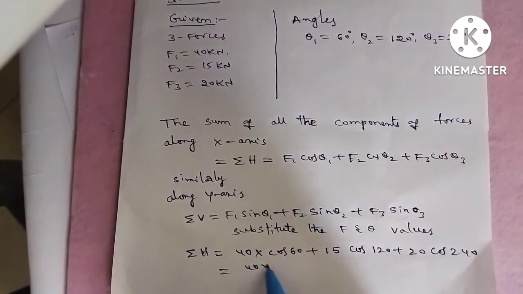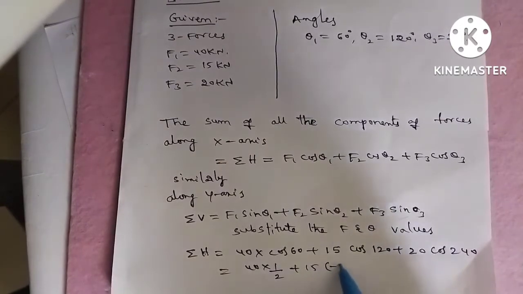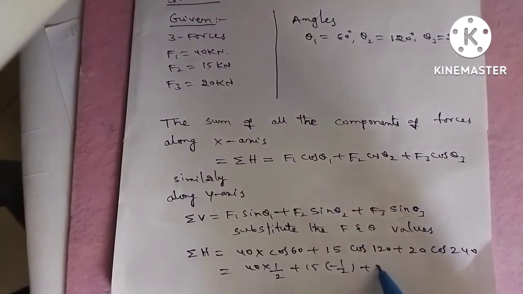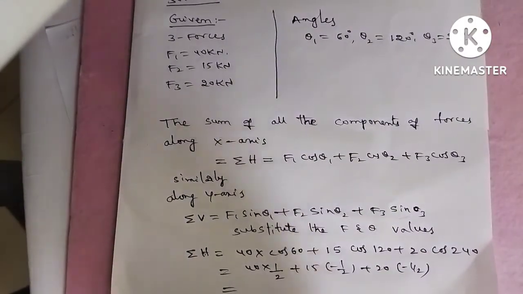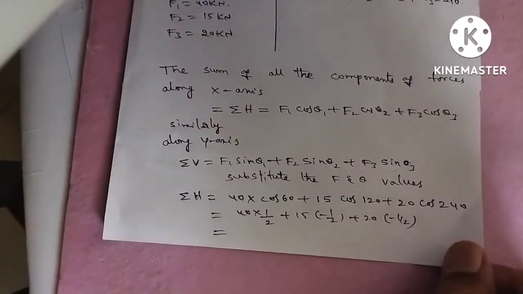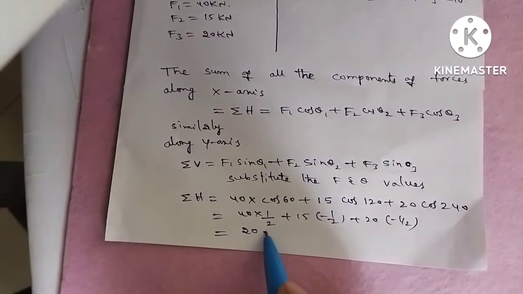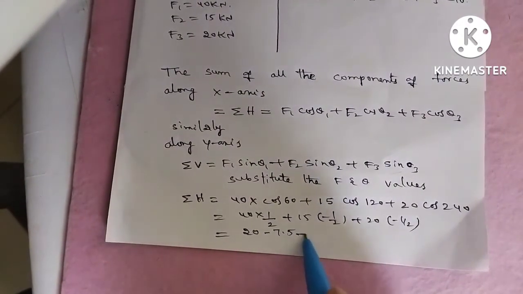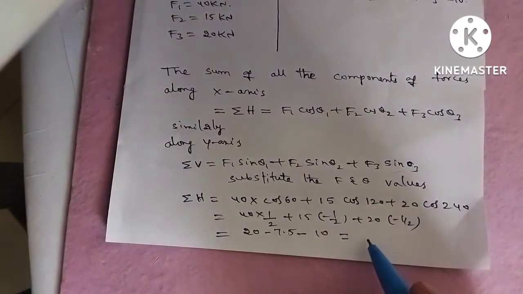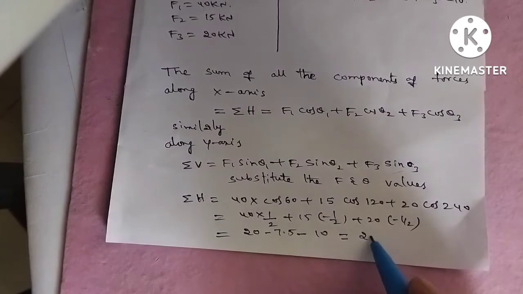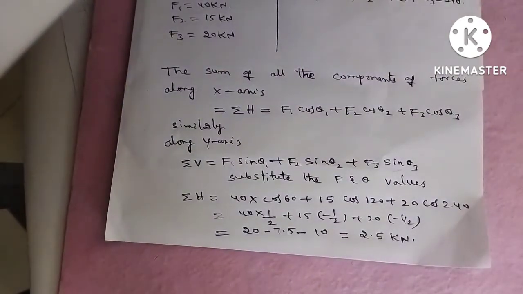Try to simplify this equation. 40 into cos 60, value 1 by 2, plus 15 into cos 120, which is minus 1 by 2, plus 20 into cos 240, minus 1 by 2. We will get sigma H is equal to 20 minus 7.5 minus 10, which is equal to 2.5. 2.5 kilonewton is the sum of all the horizontal force components.